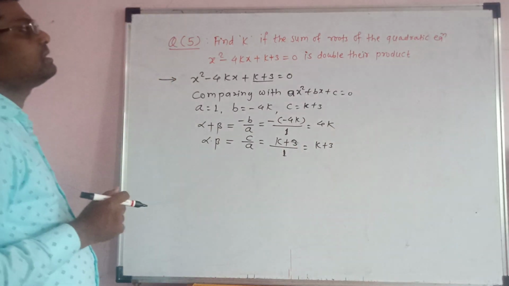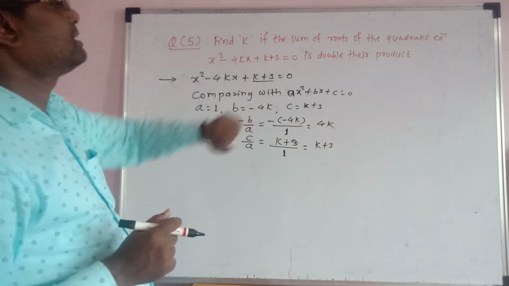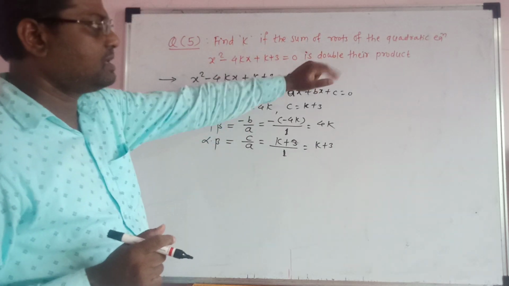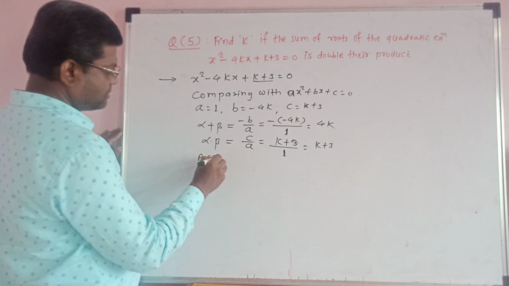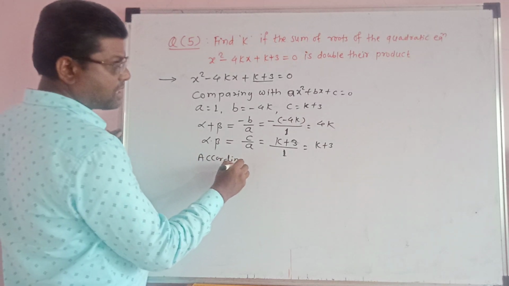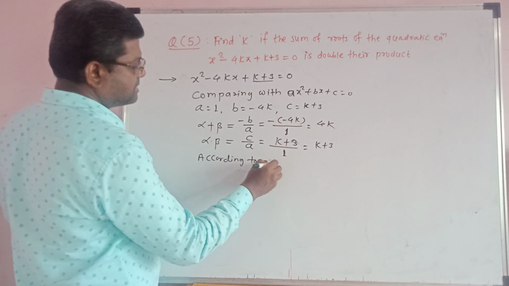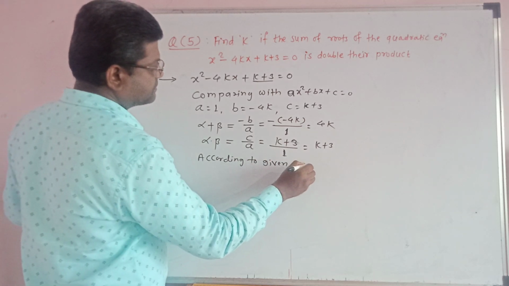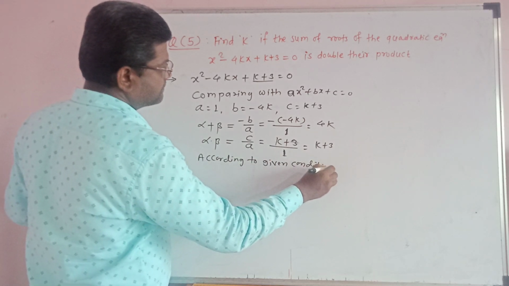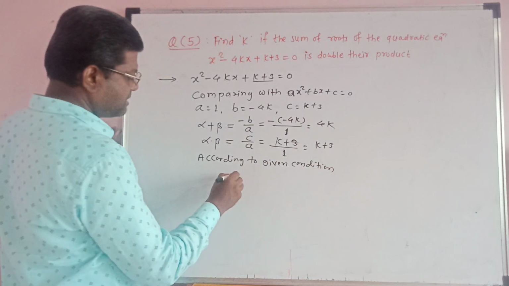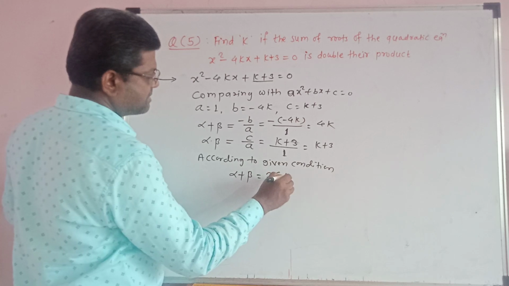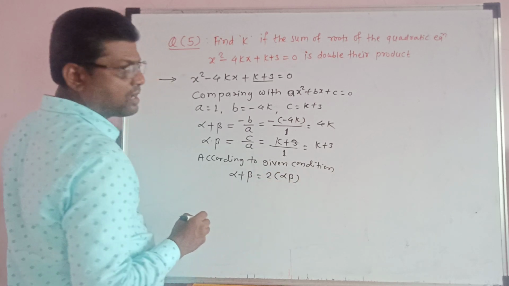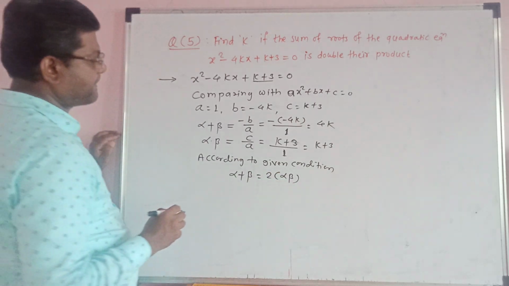Now it is given that the sum of the roots is double their product. Therefore according to the given condition, sum of the roots means alpha plus beta is equal to double the product means 2 into alpha into beta.